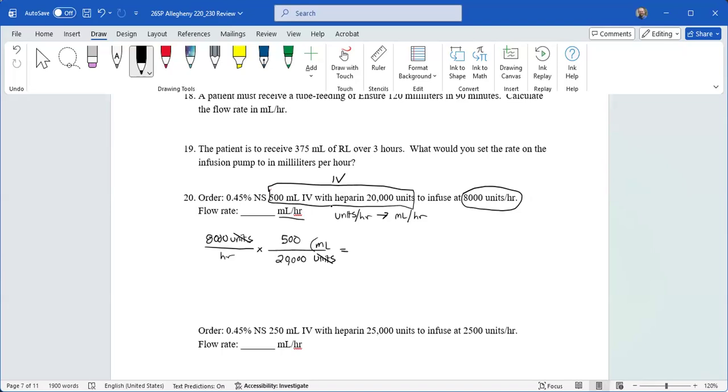Before I do anything else, I'm already in the correct arrangement, milliliters per hour, so I just plug it into my calculator. I take my 8,000 times 500 divided by 20,000, which gives me an answer of 200 milliliters per hour.